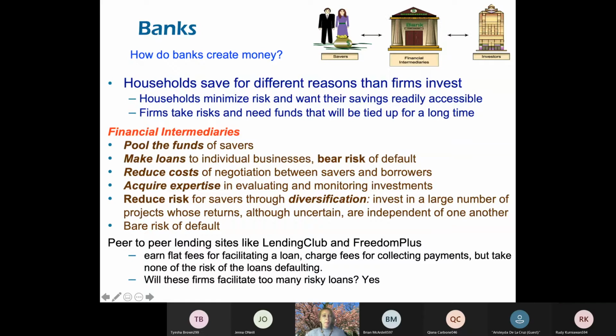They earn flat fees for facilitating a loan, then they charge fees for collecting payments, but take none of the risk of the loan defaulting. So I guess people who lend are the ones who bear the risks. There's some evidence that there are more risky projects on these, because they're facilitated through this kind of investment opportunity.